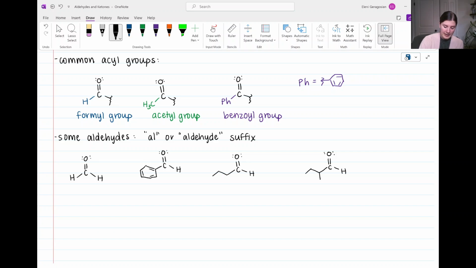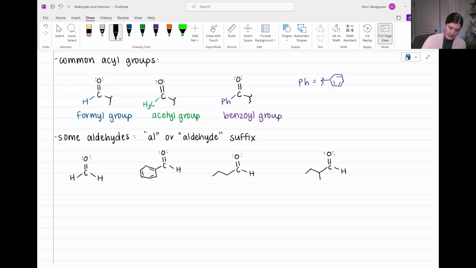The first aldehyde that we've drawn, we have 2 hydrogens. And if we look just above to the common acyl groups, when the hydrogen is bonded to a carbon, that's a formyl group. When that carbon's bonded to another hydrogen, we know for sure that's an aldehyde.